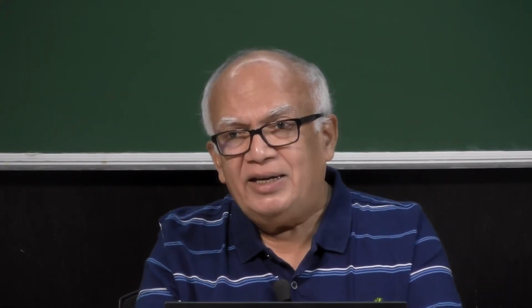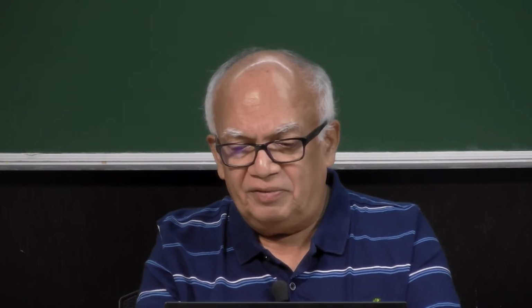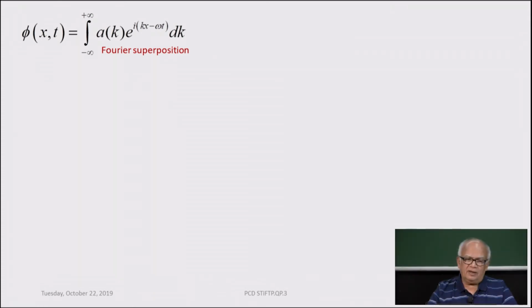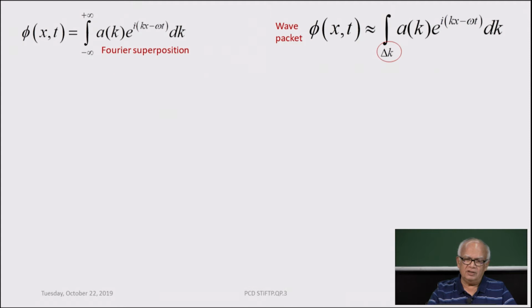So, these are some of the fundamental ideas in quantum mechanics which make it so baffling. You can represent a state function by a Fourier superposition of various momentum states, and the complete Fourier representation will require this infinite sum or limit of a sum, which is this integral that we have on the screen.